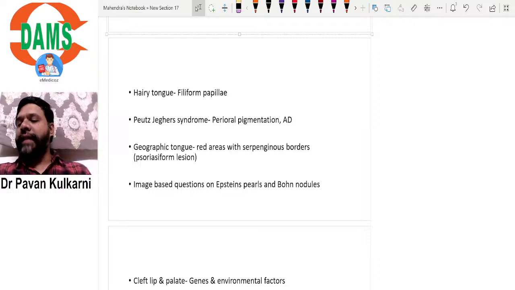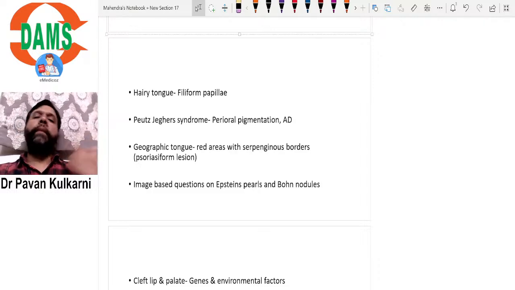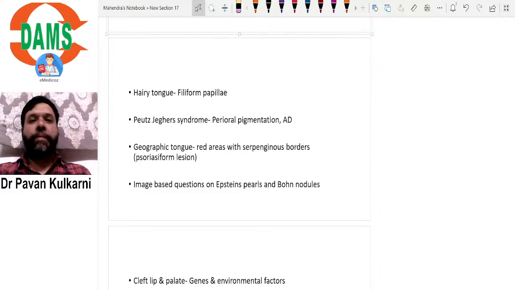Okay, exactly, that is not the point. You have to remember that intraorally the tongue is not the most common site. In Peutz-Jeghers syndrome, P for P, perioral pigmentation or perioral freckling is seen. And it is autosomal dominant, and we will see intestinal polyps mainly in the jejunum.